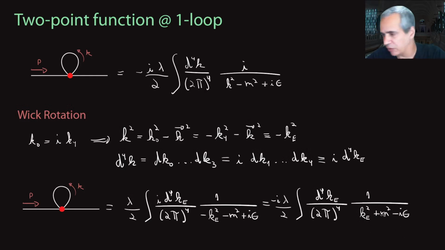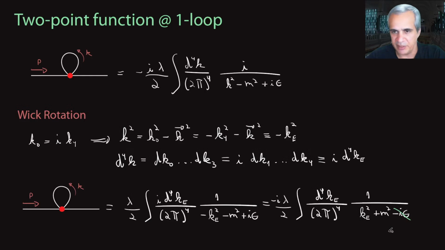And of course, now that I'm integrating these in Euclidean space, the Euclidean momentum square is never negative, this is always positive, and never zero. So I can ditch the i epsilon. I don't need the i epsilon when I'm working in Euclidean space.